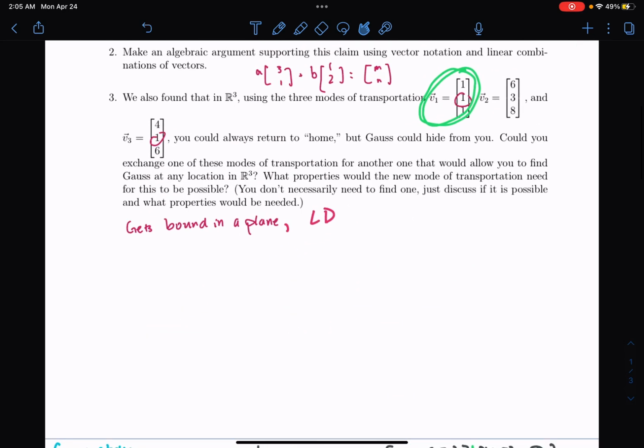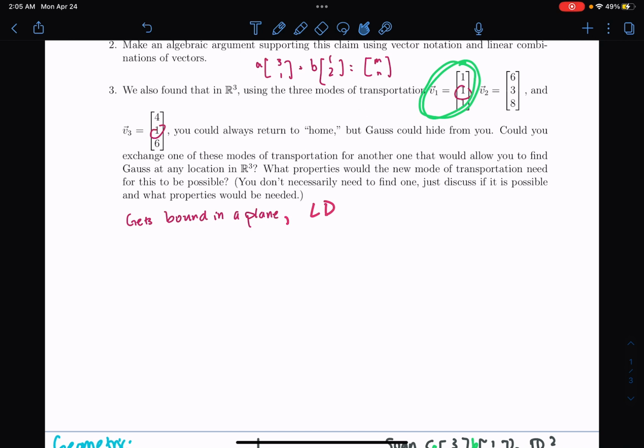And for the final question, which asked if there is a way to choose a new mode of transportation to make it so we can reach any point in R3. So basically, can we change one of these vectors to make the span of these three vectors all of R3?